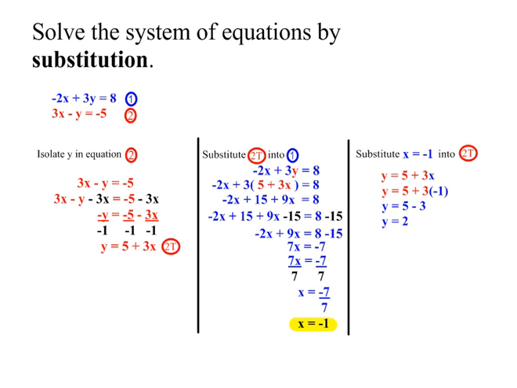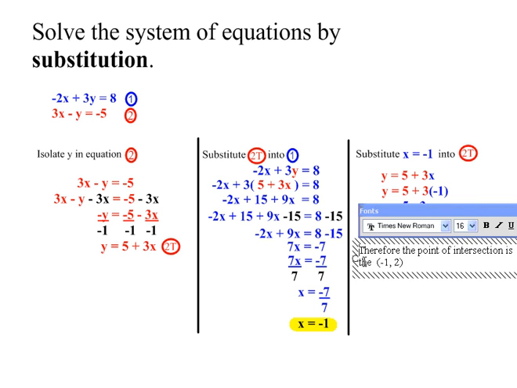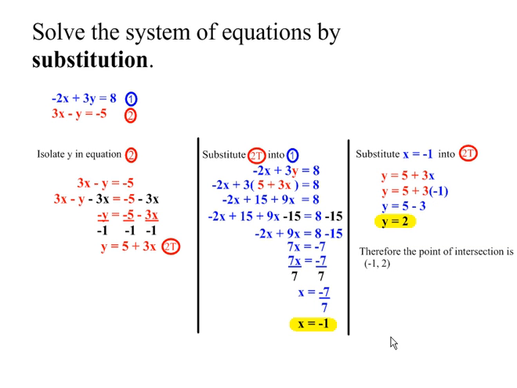That gives me y is equal to 2. And that's the second part of my answer, and we're done. So we can say, therefore, the point of intersection is negative 1, 2. Okay, and that's all.